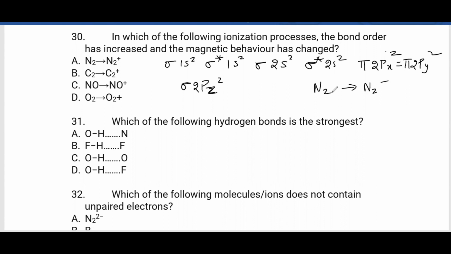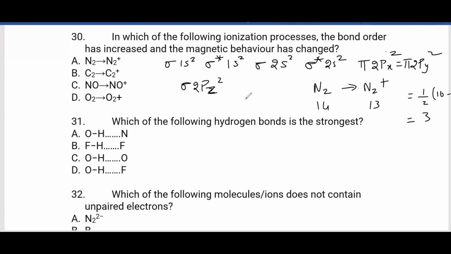That means N2 it is 14 electrons and N2+ it is 13 electrons. For 14 electrons, this is the MO configuration, and the bond order for N2 is half into number of bonding electrons minus number of anti-bonding electrons, and so it is 10 minus 4, and that is 3.